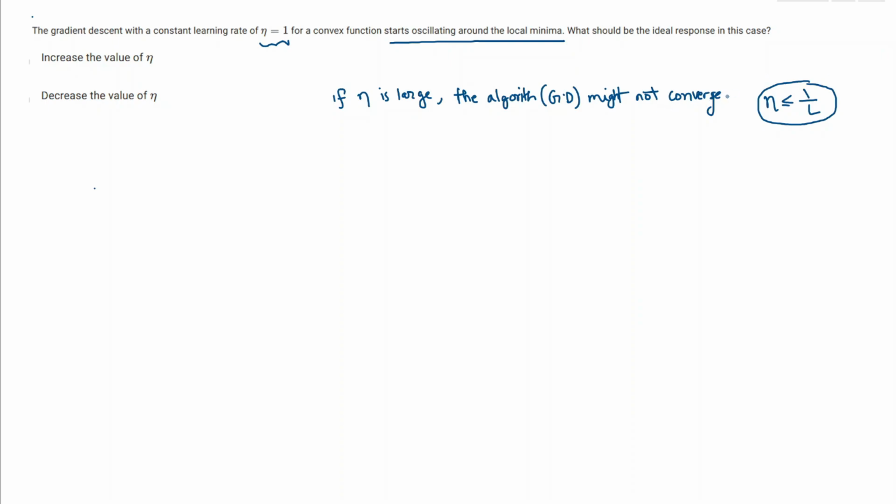So this is the informal way of saying this: if eta is quite large, the algorithm might not converge, which means that it oscillates around the minima.